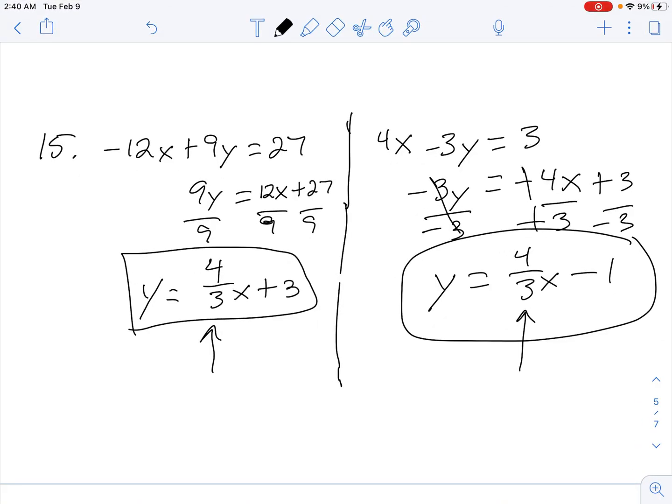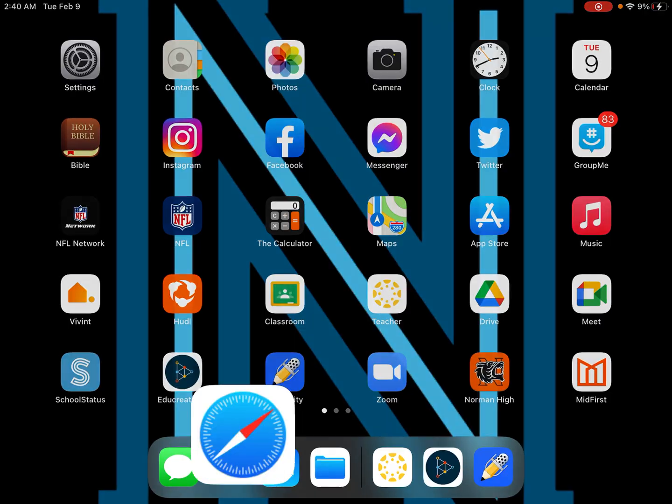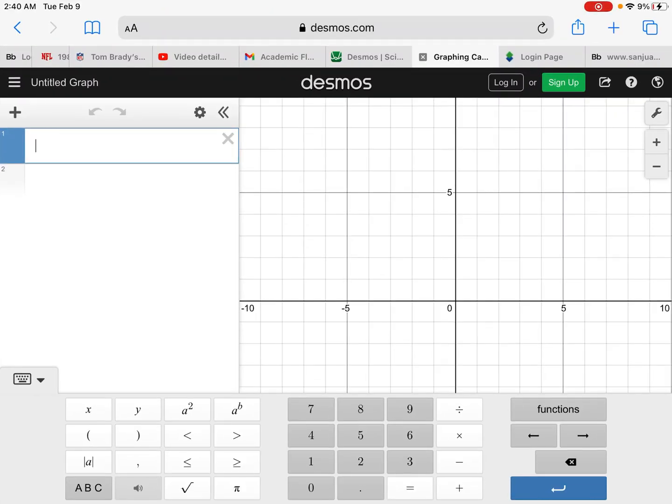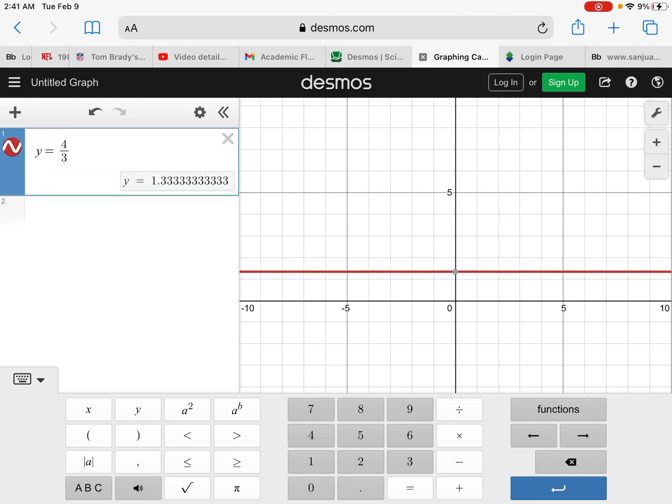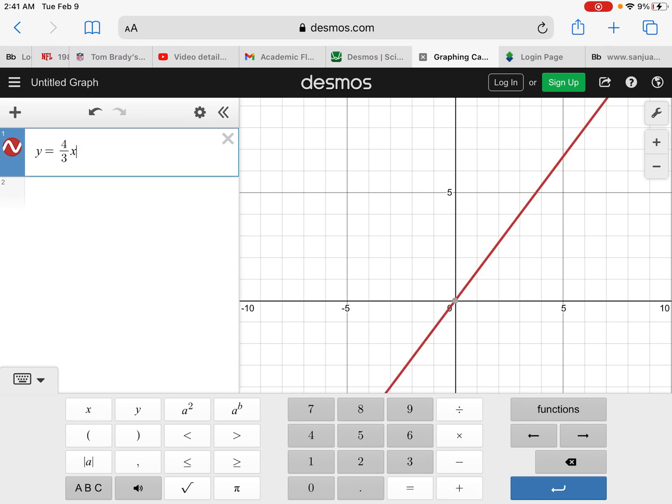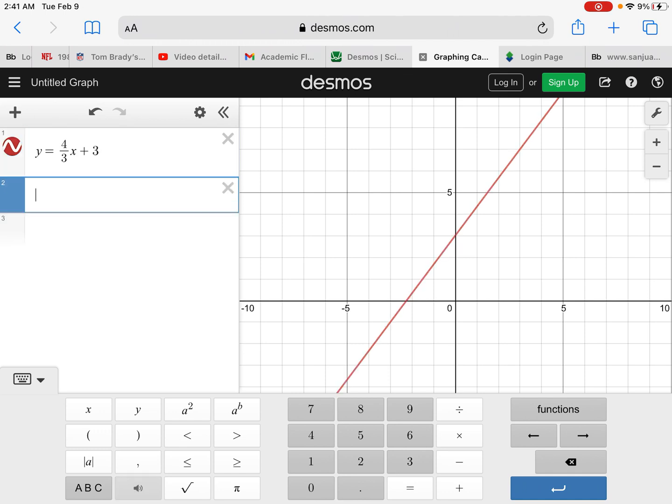So meaning like right here, y equals 4 over 3x plus 3. So y equals 4 over 3, make sure you move over, okay, 4 over 3x, and then plus 3.